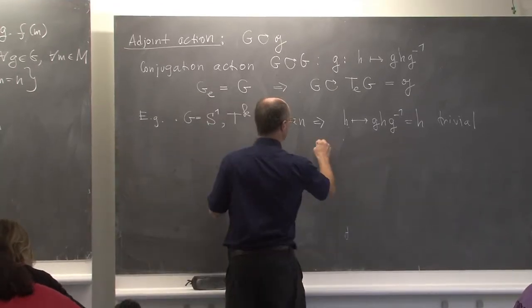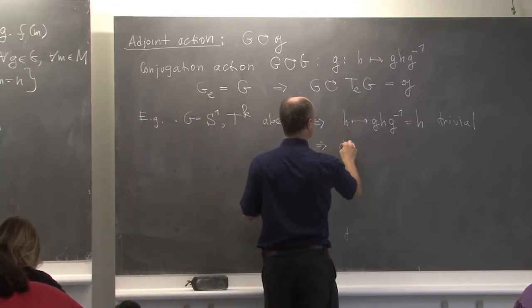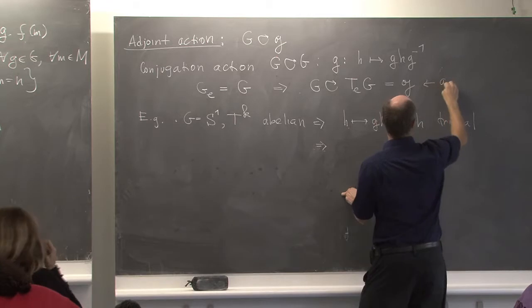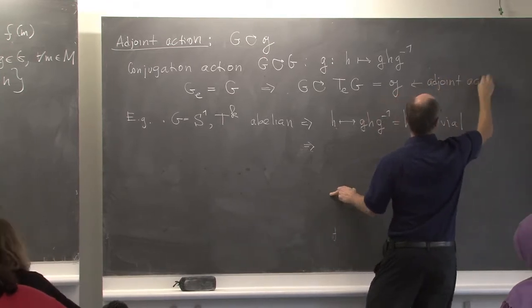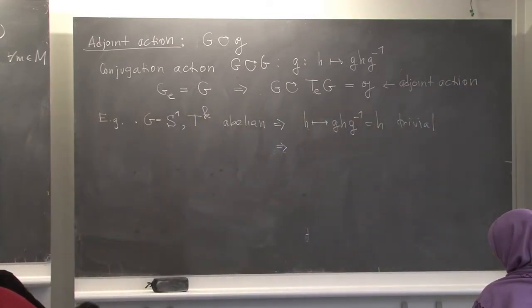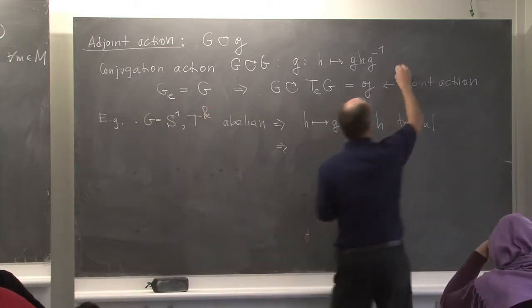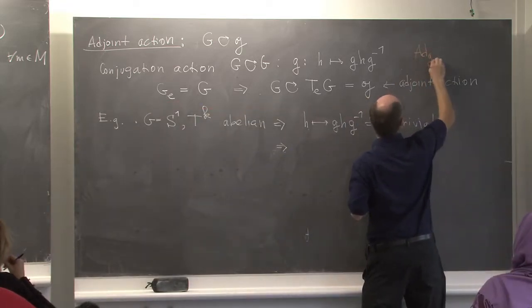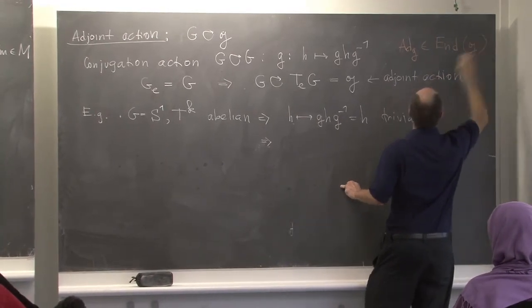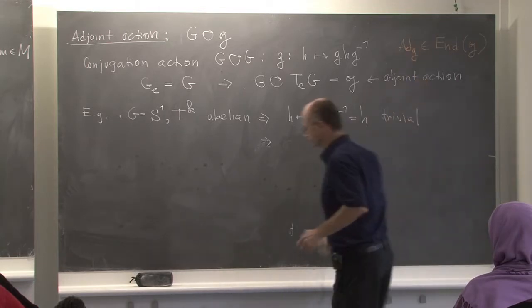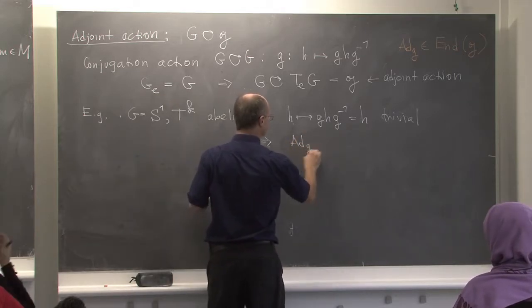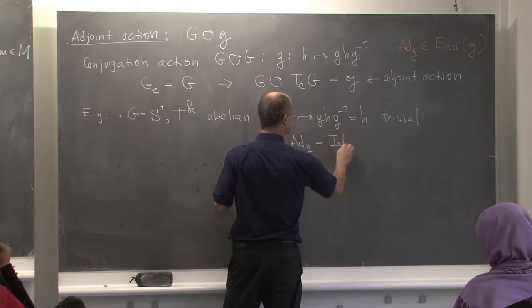Well, because of that, the adjoint action, there is a special notation for the corresponding operators Ad G. So Ad G is just identity.